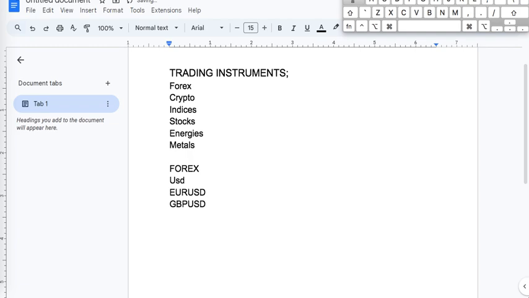We also have the USD JPY. We have the USD Swiss franc, USD CHF. We have the USD CAD.